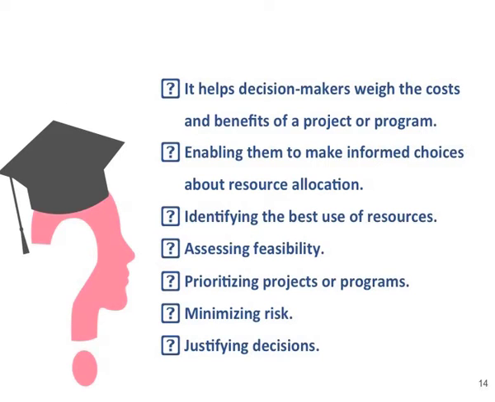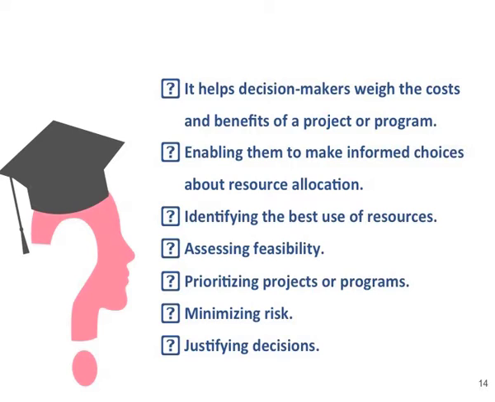So, how can it help decision makers in the cost benefit analysis? It helps decision makers weigh the costs and benefits of a project or program. Basically, a project is short term, but a program is continuous. In a program or project we evaluate what fund we allocated, how we utilized it, what the benefits were, and what the outcome and impact of that fund was on our users or our organization.